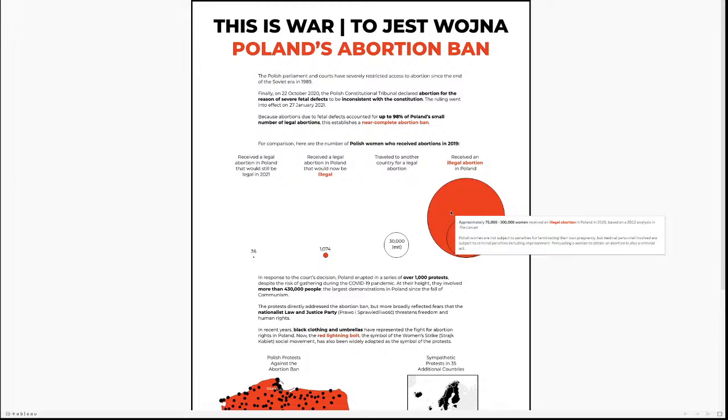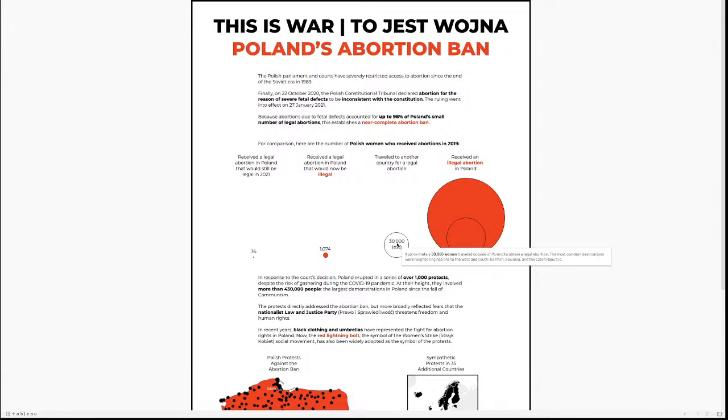I guess maybe it was already illegal. I don't know, because there's 1,000 and a bit that had an abortion that would now be illegal, but then others travel to another country to get a legal abortion.